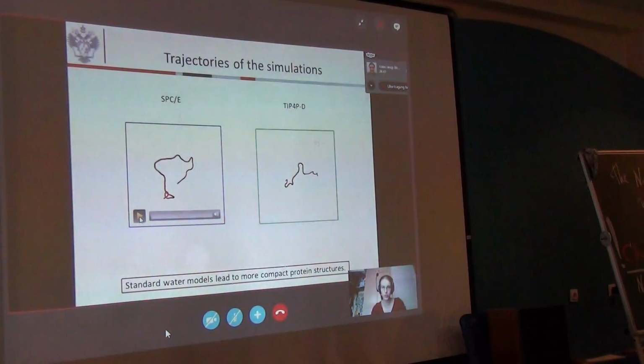So I'll show you 2 videos. Here there's the first of standard simulation in a standard water model, and you see that very often a compact structure is formed, and then sometimes the molecule extends, but it comes back and takes a more compact structure very often.